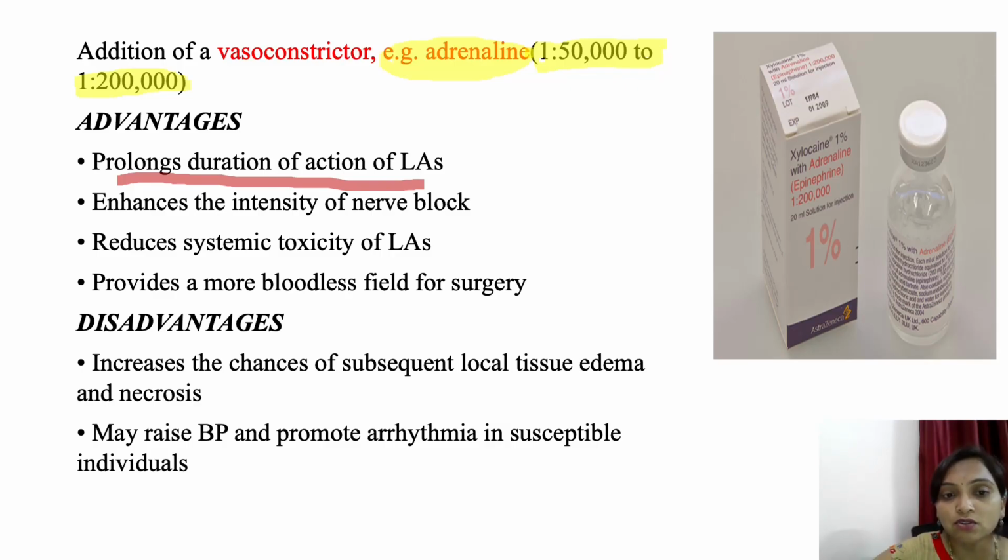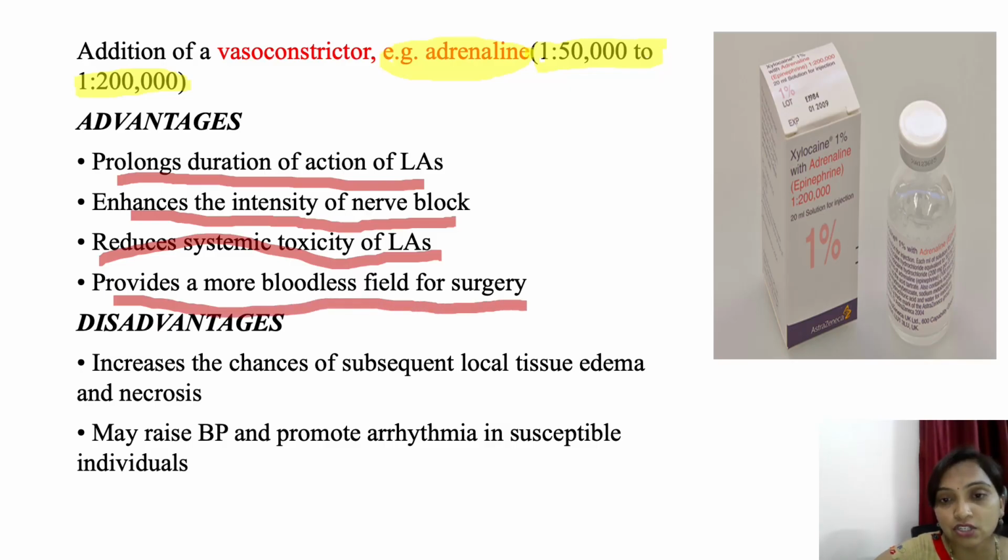So there will be reduced systemic toxicity, enhanced intensity of nerve blockage, and it also provides a more bloodless field for surgery, so the blood loss is very less. So these are the 4 important points why adrenaline is combined with local anesthetics.